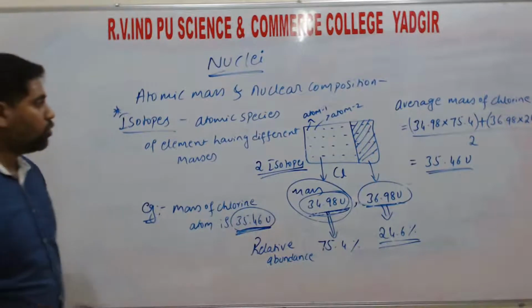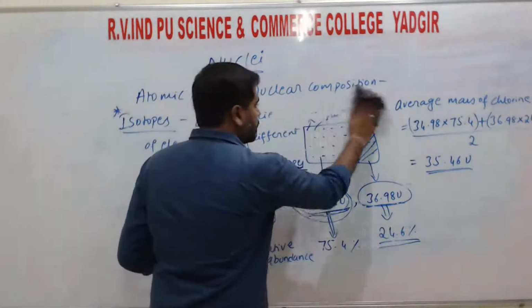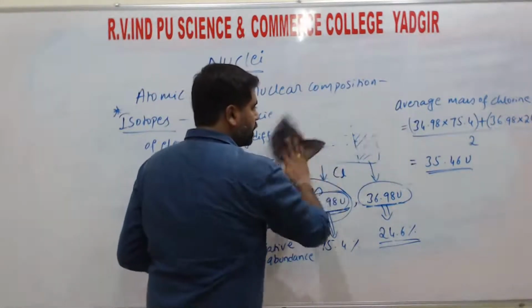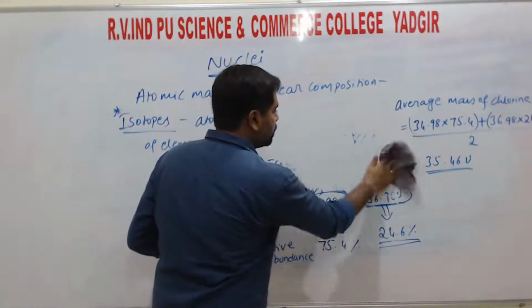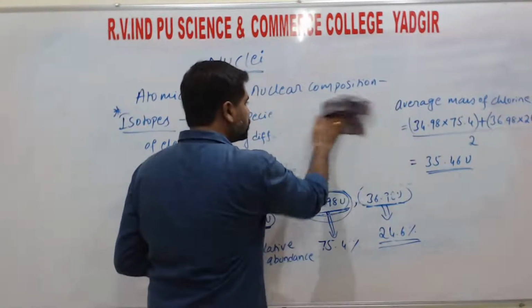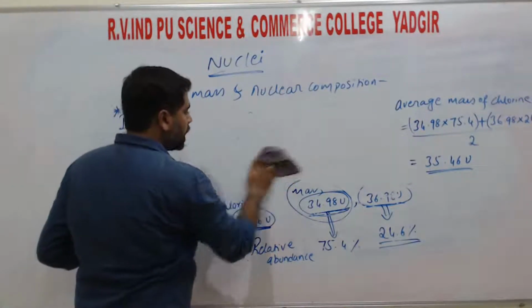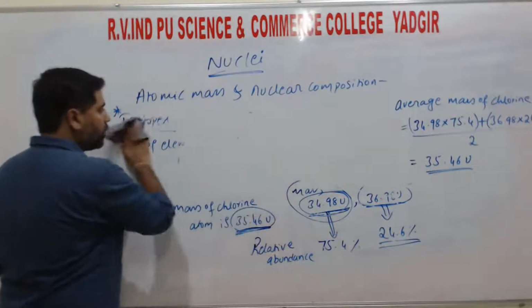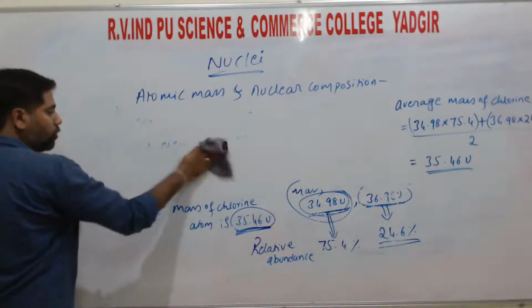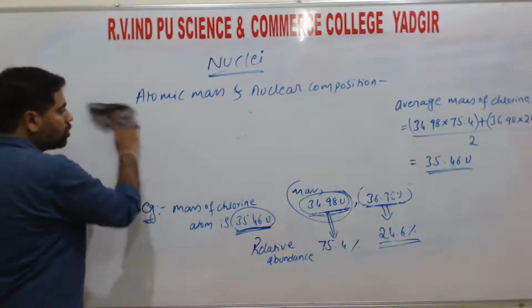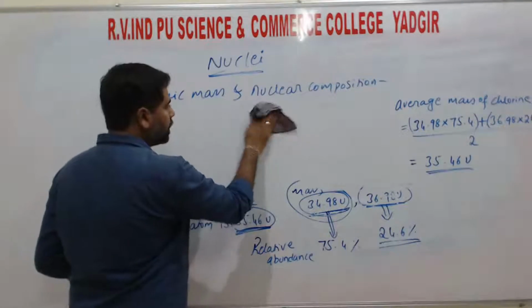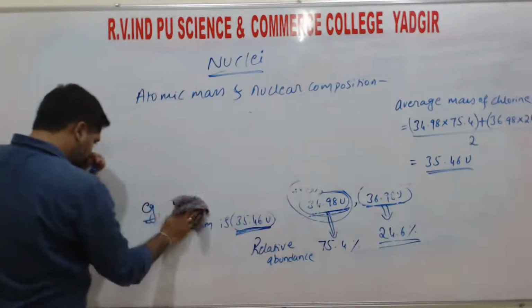If we take one more example, that is the simplest element. Which is the simplest element? Hydrogen is the simplest element. In hydrogen also we obtain isotopes. In hydrogen we have three different types of masses. Those are called the isotopes of hydrogen, right?